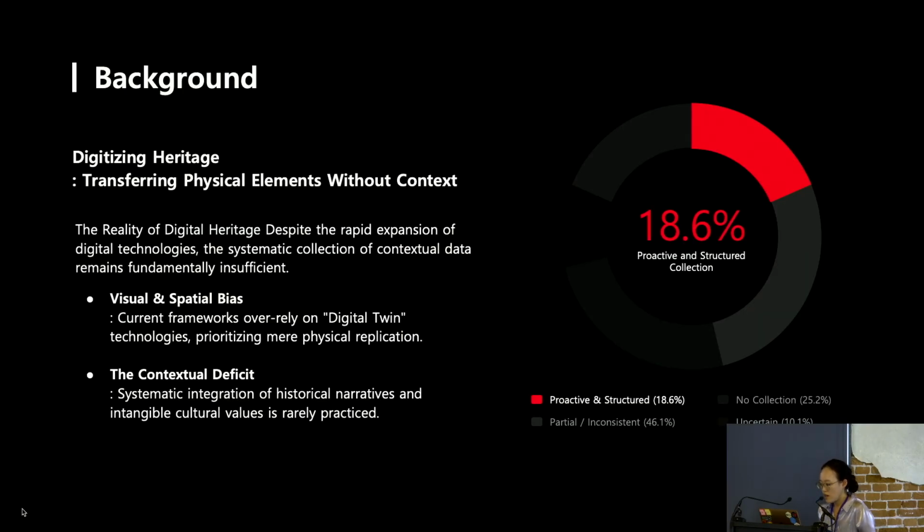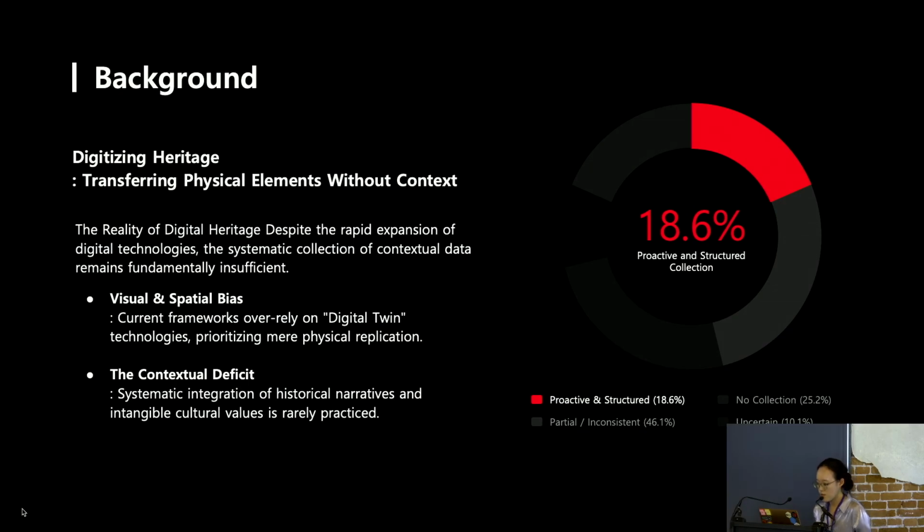Today, the use of digital technology is growing fast across all cultural heritage sectors, especially in Korea. But as the recent report chart on this screen shows, digitization currently focuses heavily on capturing visual and spatial forms like 3D scanning and photogrammetry.